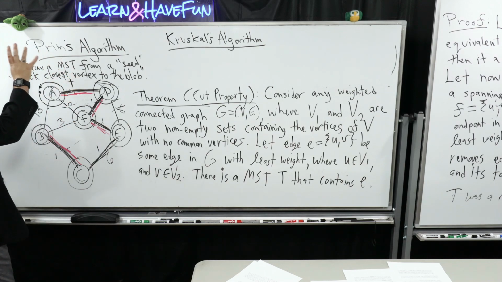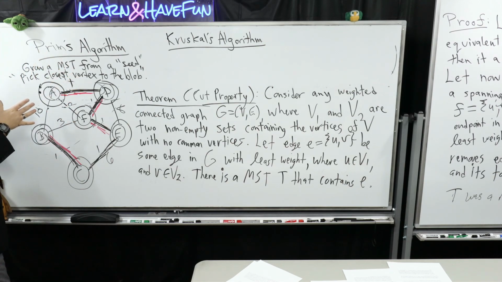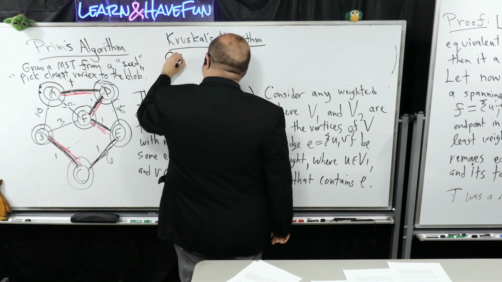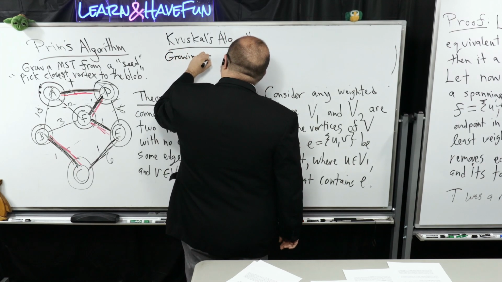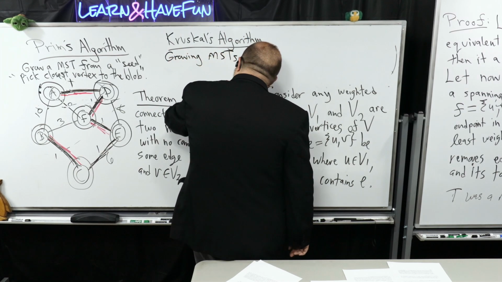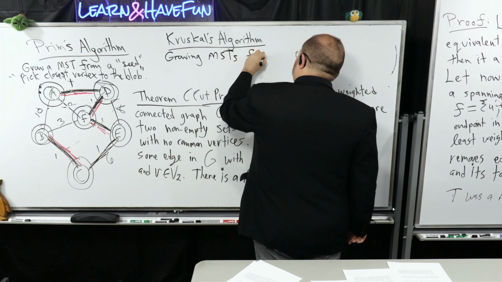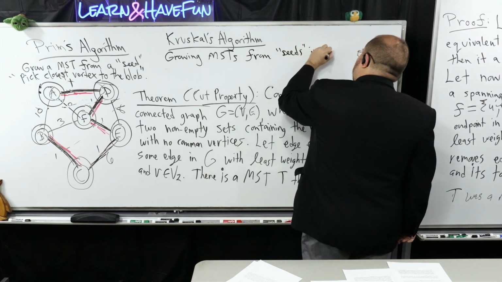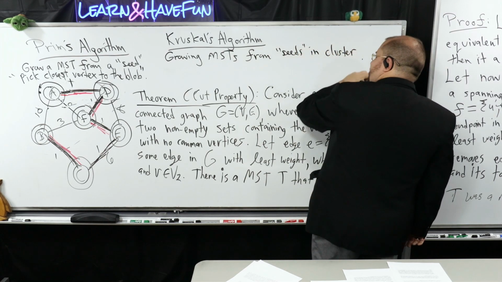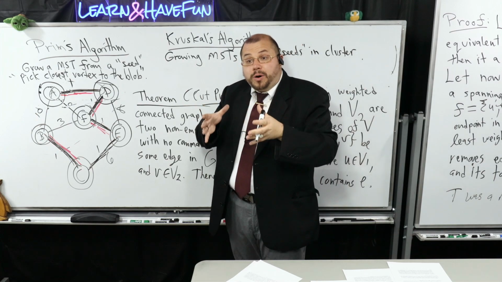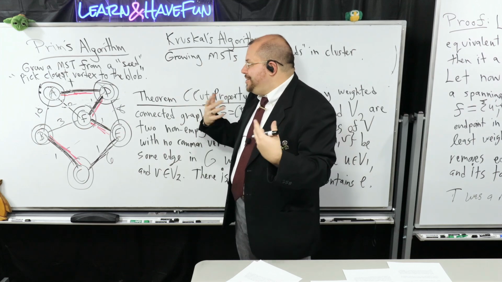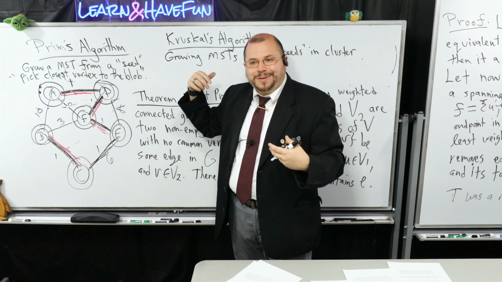So what you do is you start off with all of these clusters. I like to think of this as growing minimum spanning trees from seeds in clusters. So you can think of each cluster as its own separate little connected component with respect to what we would call the induced subgraph of those within the cluster.